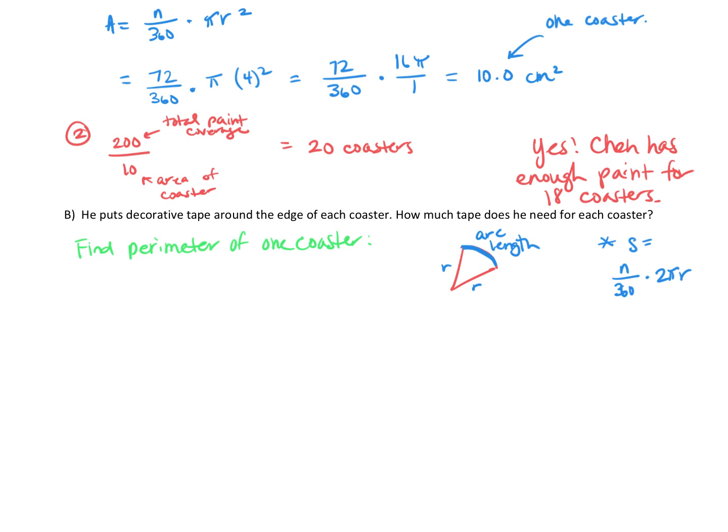All right, so back to what we're doing. Perimeter is equal to one radius plus another radius plus s, the arc length. Well, we already said in part A that the radius for each coaster is 4. So we have 4 plus 4 plus s.